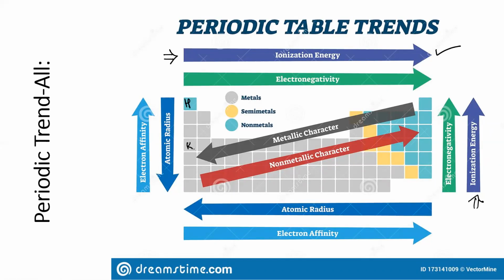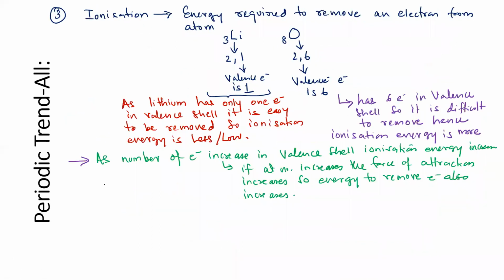Potassium is 19, and hydrogen is 1. If we compare hydrogen to potassium, the ionization energy is less for potassium. Why? So that we will understand a little bit.